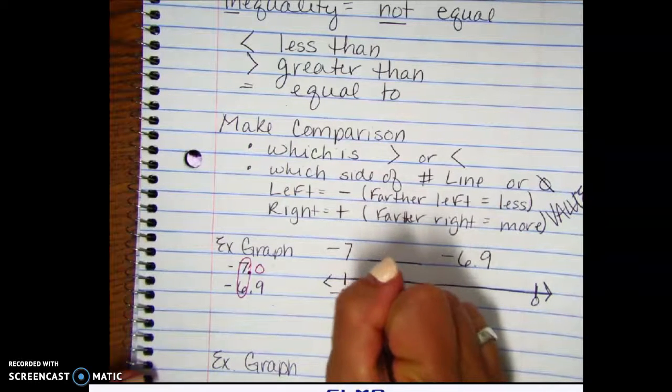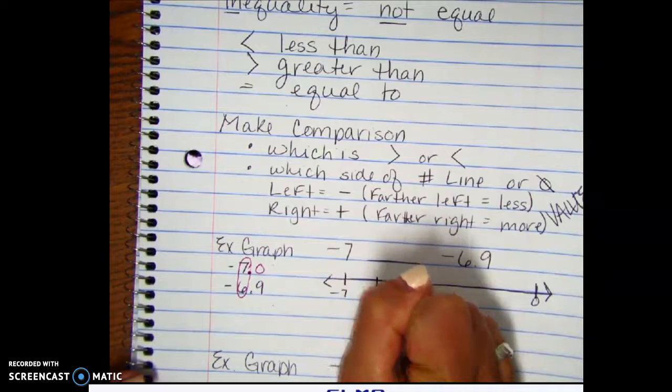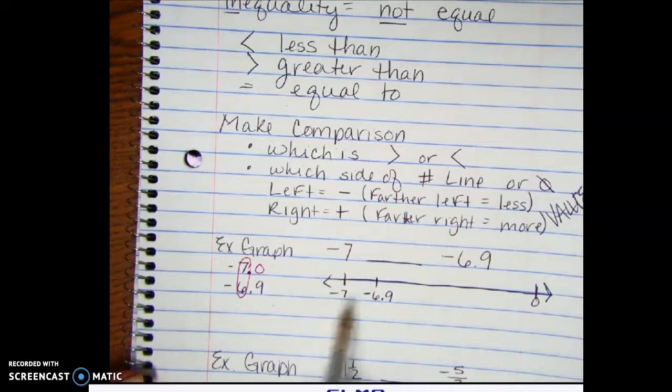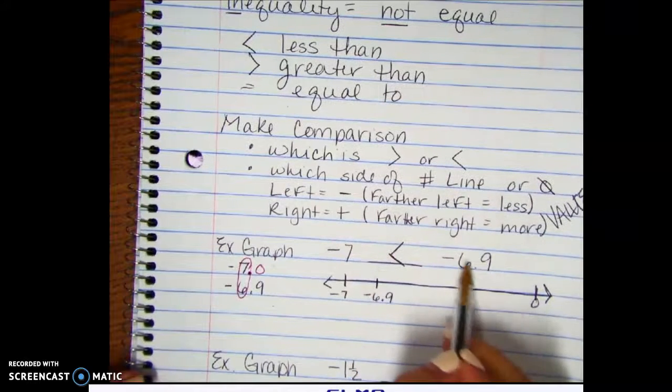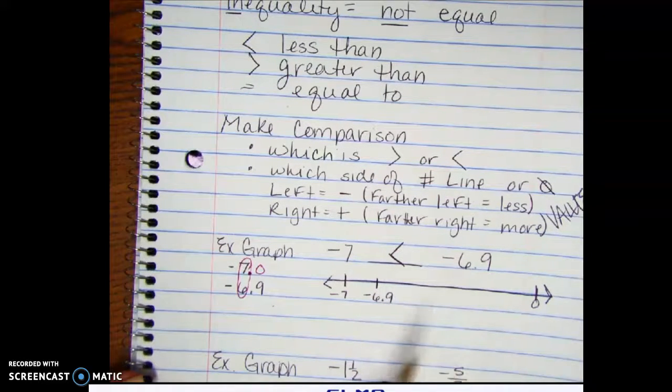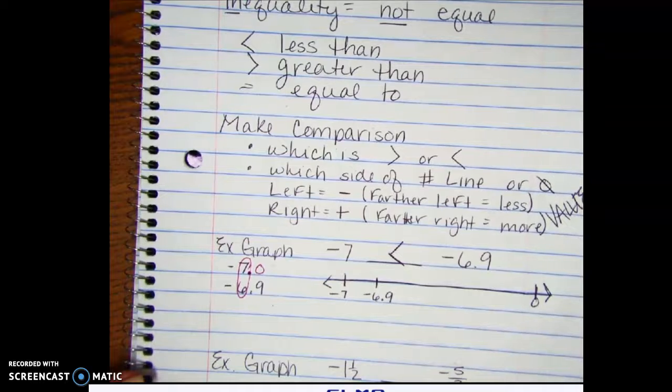So I'm going to put -6 9/10. So that means that -7 is less than -6 9/10. The alligator eats -6 9/10.